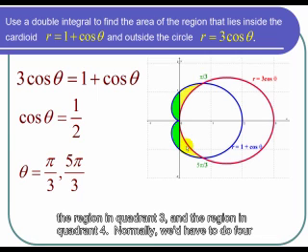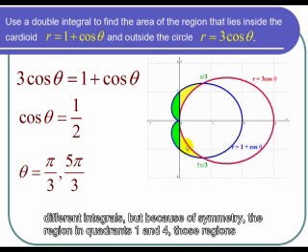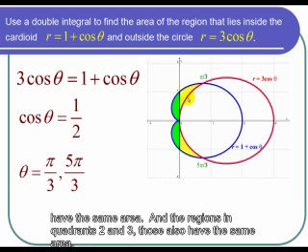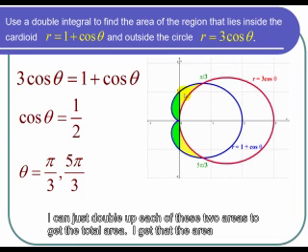So we have the region in quadrant 1, the region in quadrant 2, the region in quadrant 3, and the region in quadrant 4. So normally we'd have to do 4 different integrals, but because of symmetry, the regions in quadrants 1 and 4 have the same area, and the regions in quadrants 2 and 3 also have the same area. So what I can do is just double up each of these 2 areas to get the total area.